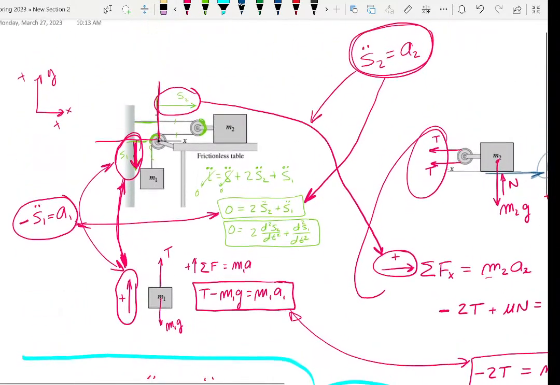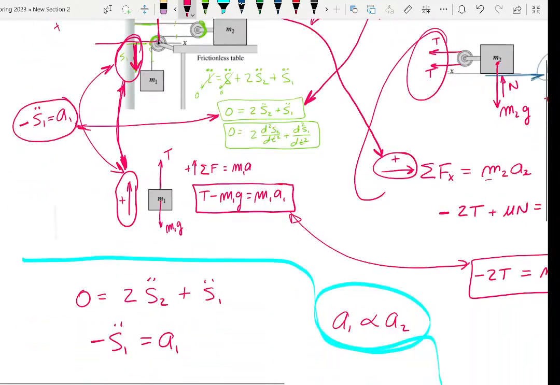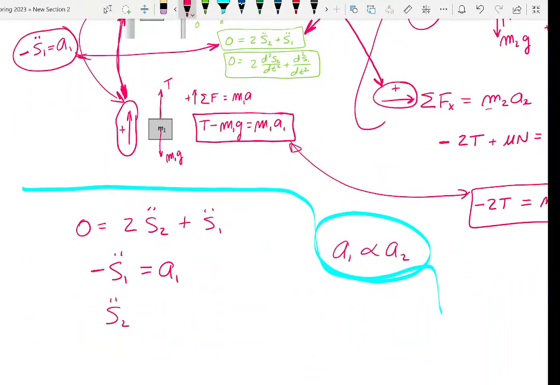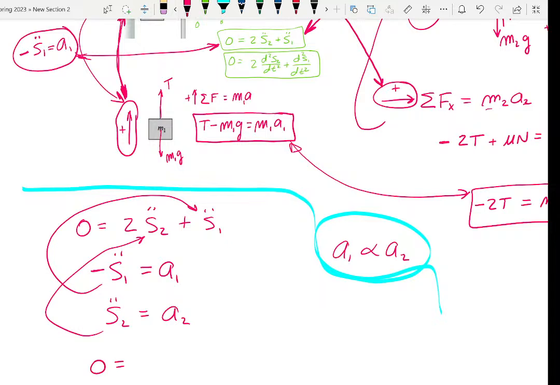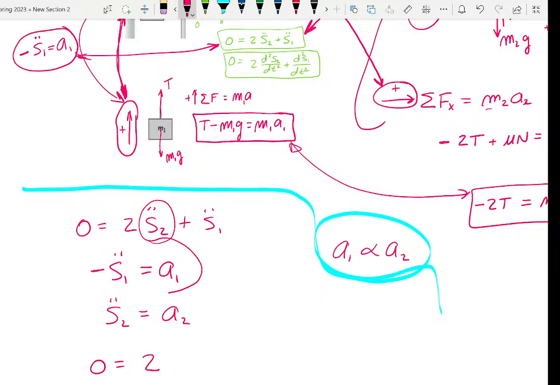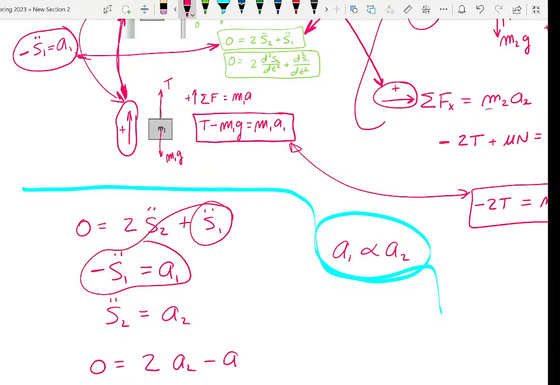And then the one that came from up here is S2 double dot is equal to A2. So now what I can do is stick this one in here, stick that one in there, and what I'll get is 0 is equal to 2, instead of S2, I'm going to grab A2. And then instead of S1 going here, I'm going to get a minus A1.